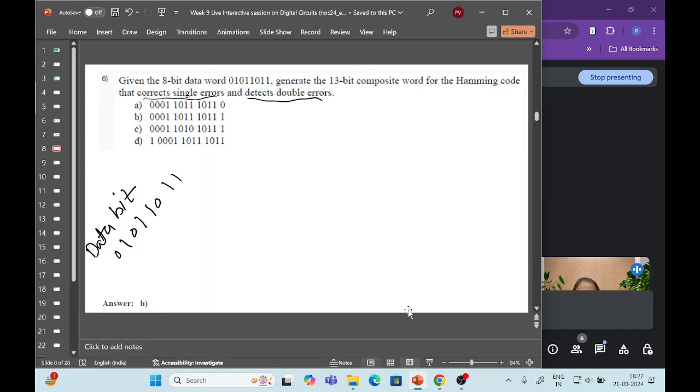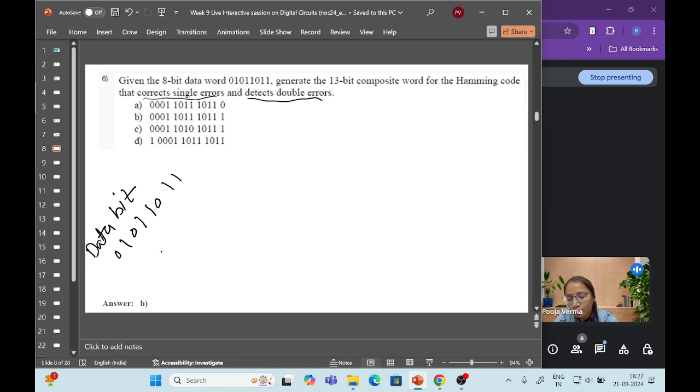For double error detection, we need to add 5. Okay, so first we will see how many parity bits we need to add in that case. First we need to check in that equation. So already we know that formula.